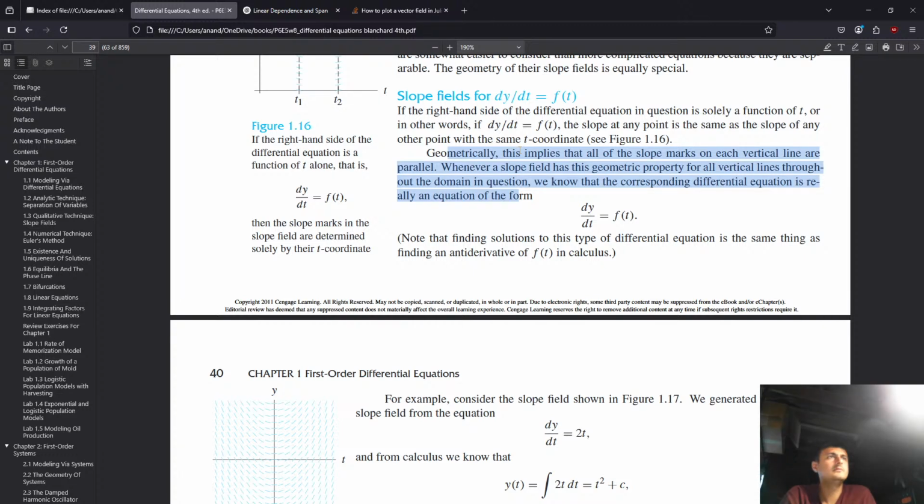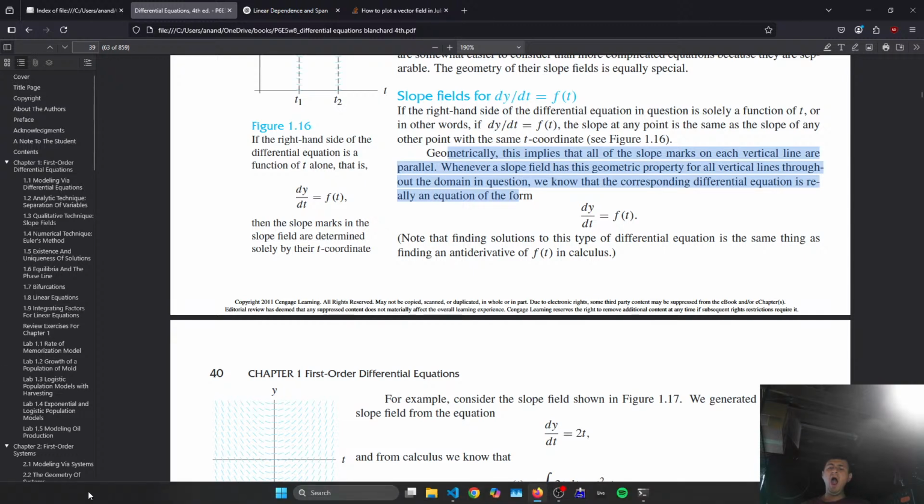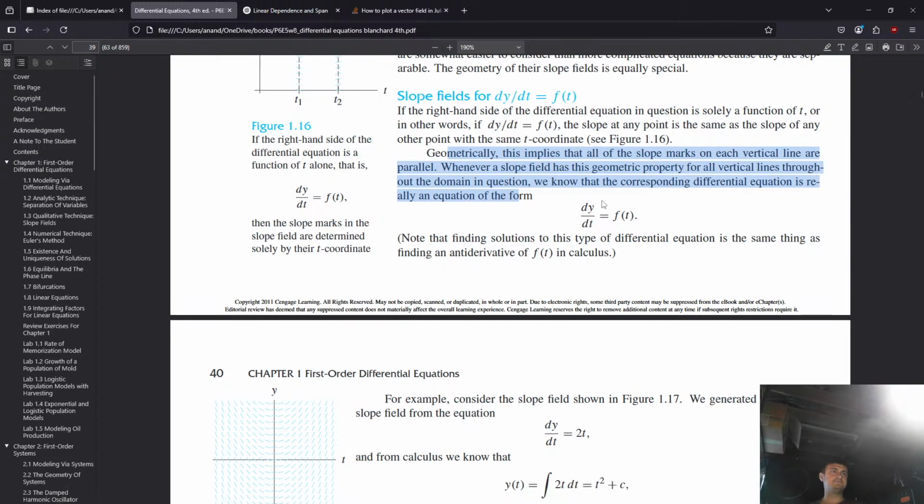Oh, right, yeah. As long as the t's are the same coordinate. Oh, yeah, that's interesting. Okay.